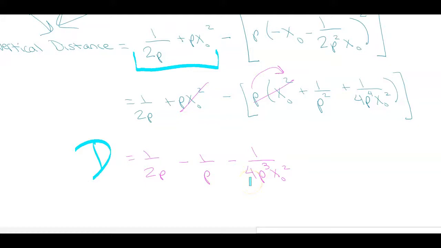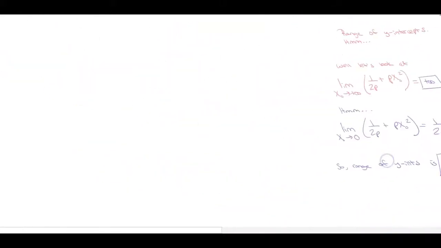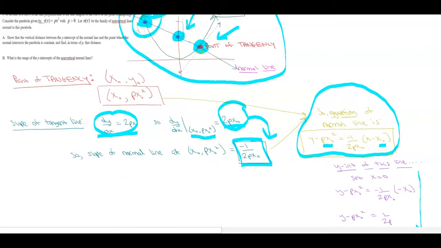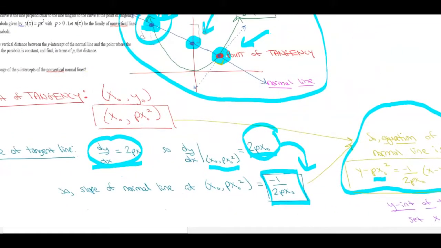Now, the reason why I suspect I picked the harder point is that we really shouldn't have any x naughts around, because the question said the distance should be only in terms of p. So let's go do it together in live time.